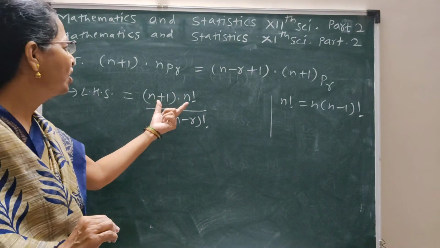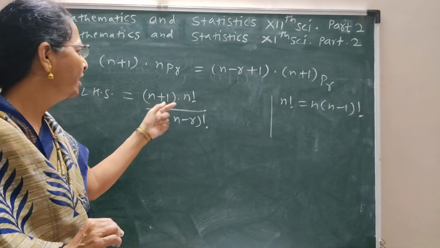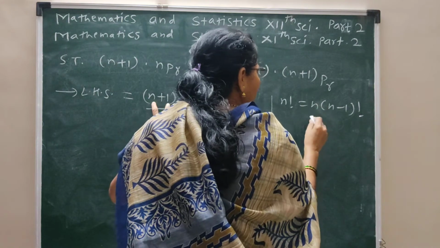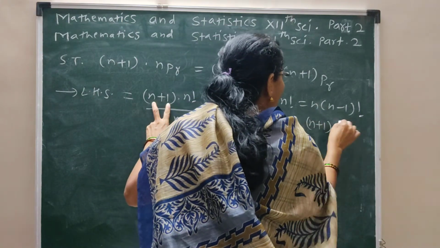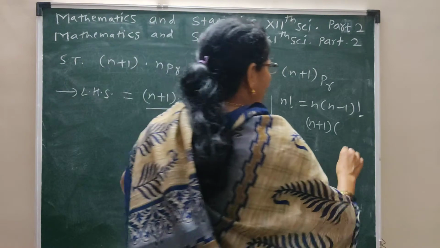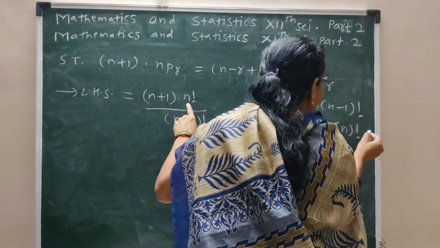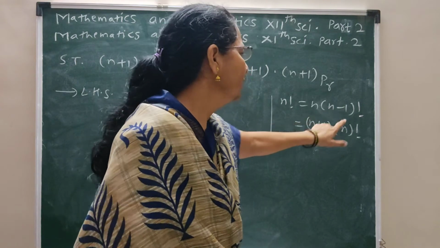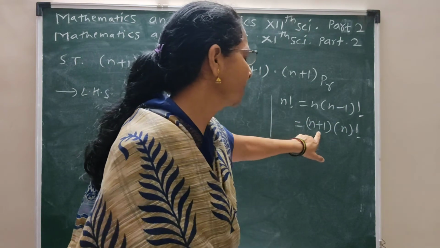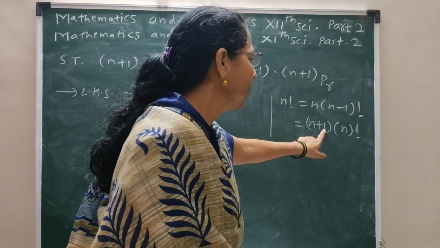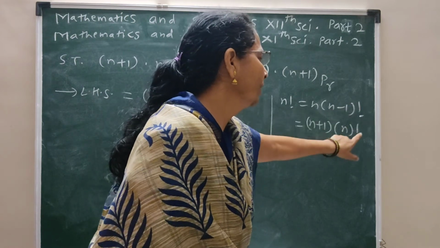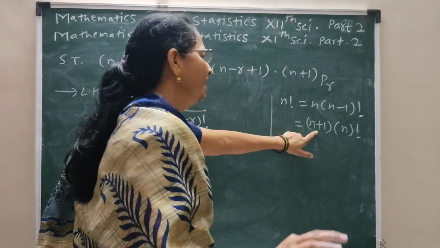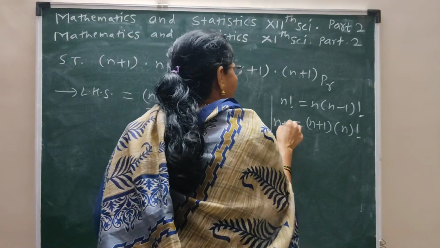If we arrange these terms, then here is n plus 1, here is n factorial. n factorial is common, so we write n factorial. Therefore here we write n plus 1 factorial.